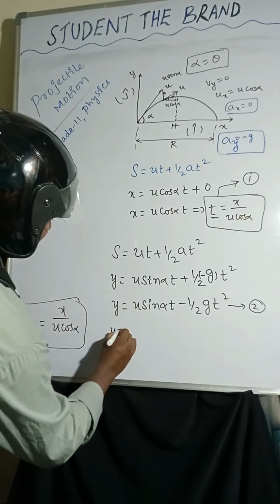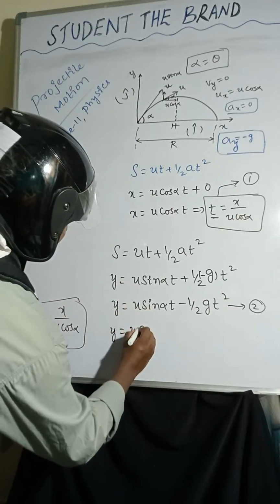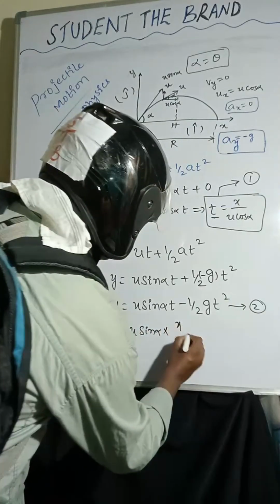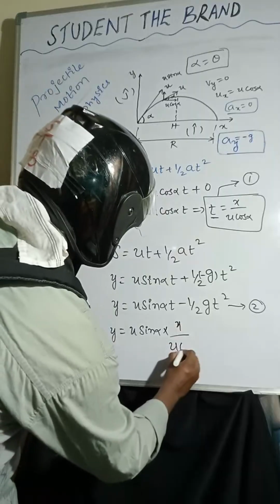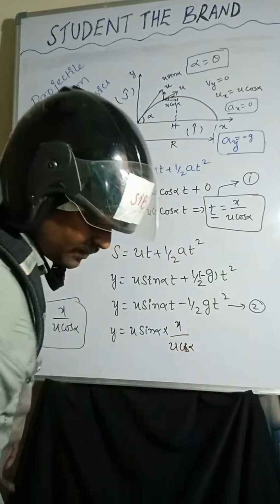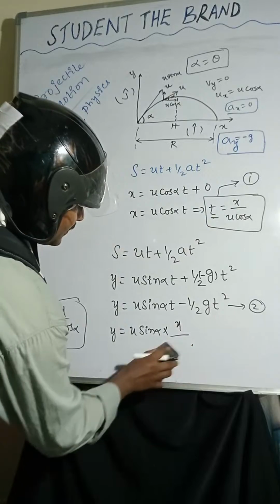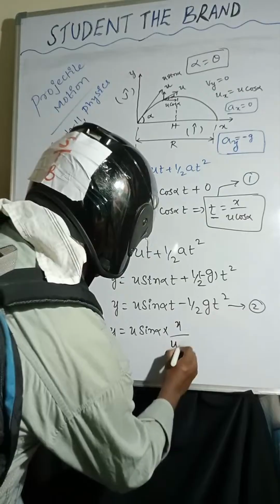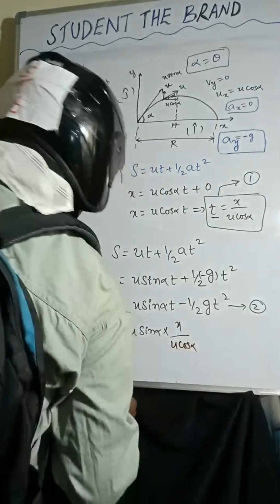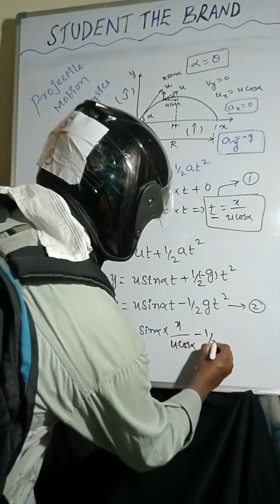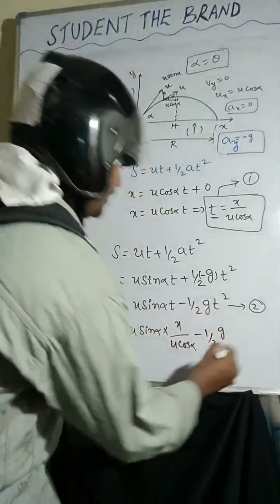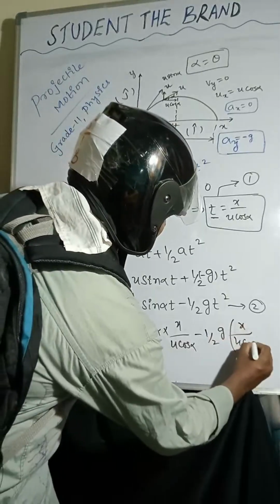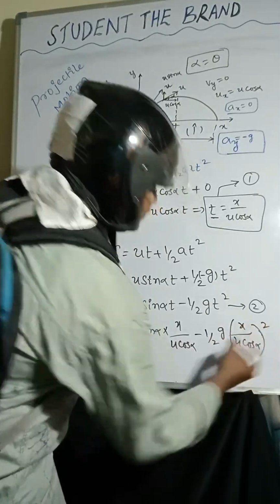Now y equal to u sin alpha into x by u cos alpha, minus half into g into t value, how much, x by u cos alpha whole square.